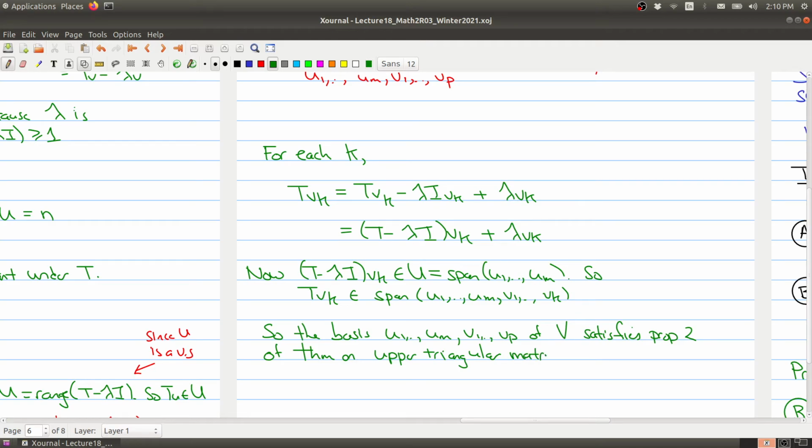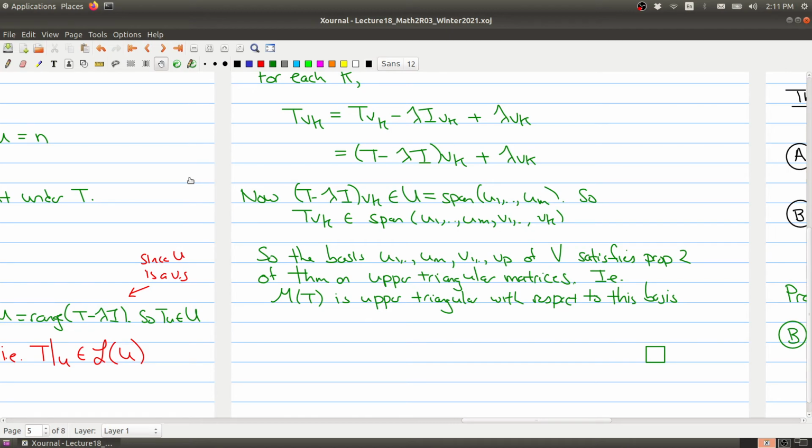And because it satisfies property 2, that means that the matrix of T is upper triangular with respect to this basis. And that's exactly what we wanted to show.